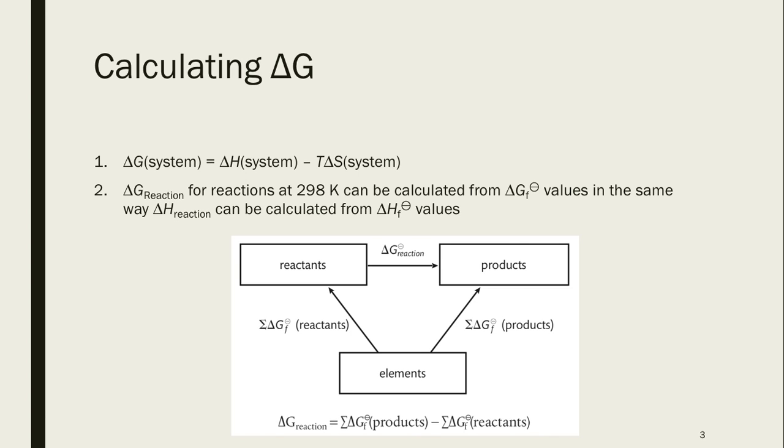So, just like entropy, just like enthalpy, we're going to use the sum of the products minus the sum of the reactants using our Gibbs free energy of formation values.